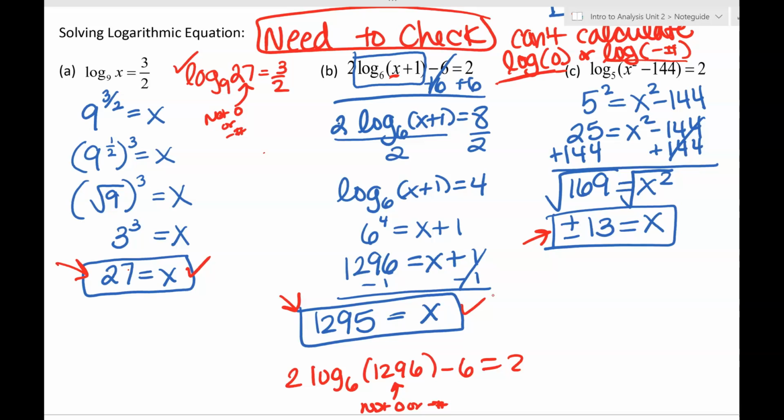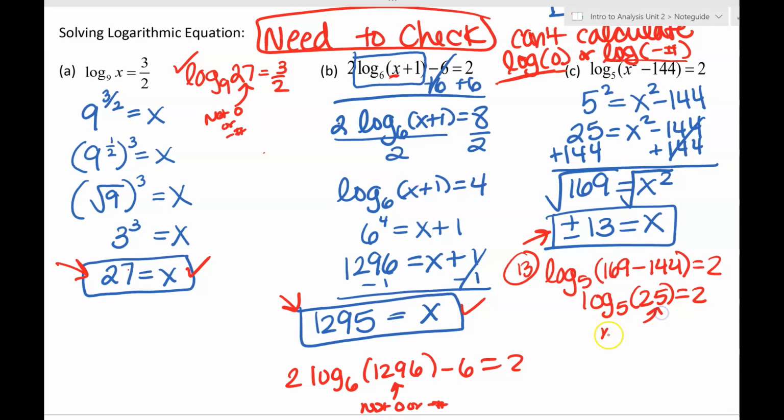Okay. For part C, let's check. So for positive 13, if I plug in positive 13 and square it, I get this, which gives me log base 5 of 25. This is not 0 or a negative, so it's good. What about negative 13?